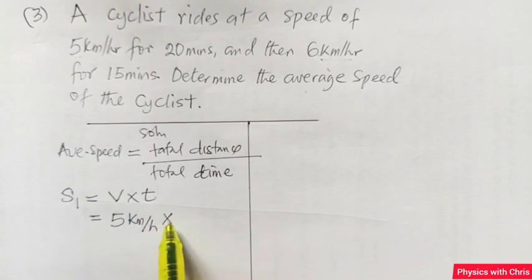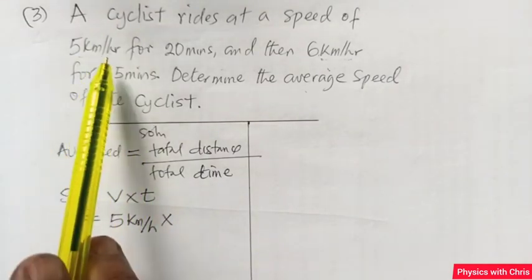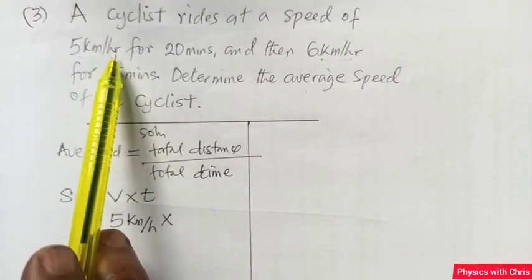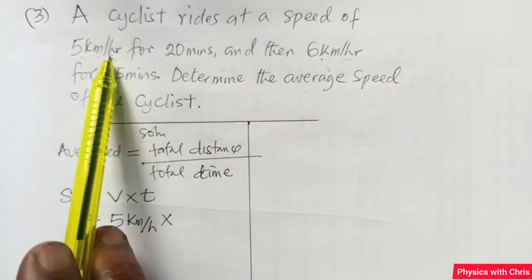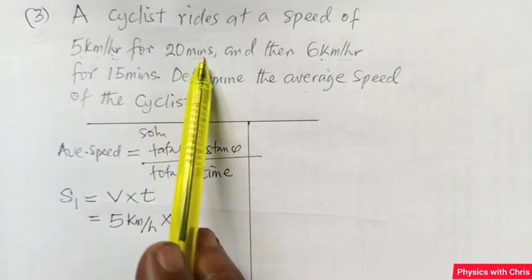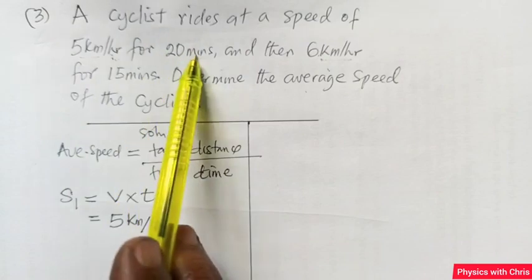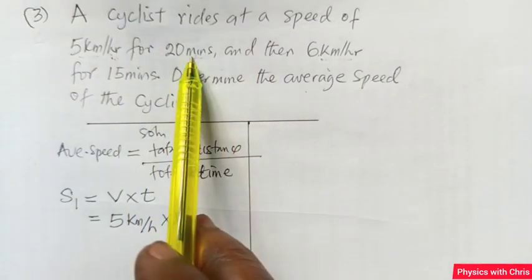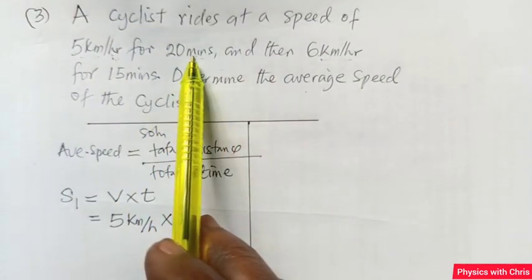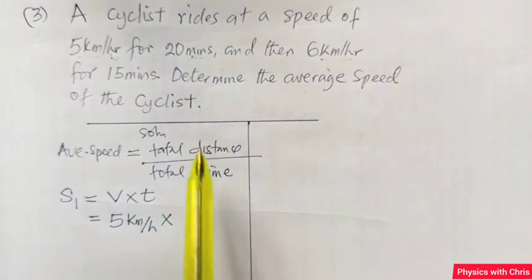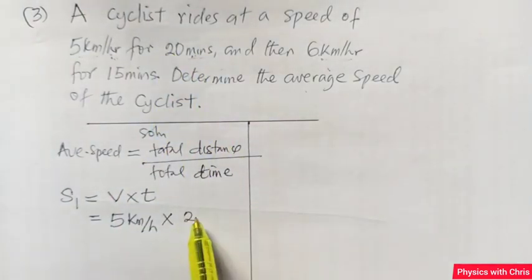Now the time will not agree because there's an hour in my unit here, but this other unit for time is in minutes. So hour and minute don't agree. I must express this time in hours. To convert minutes to hours, I'll divide the 20 minutes by 60.